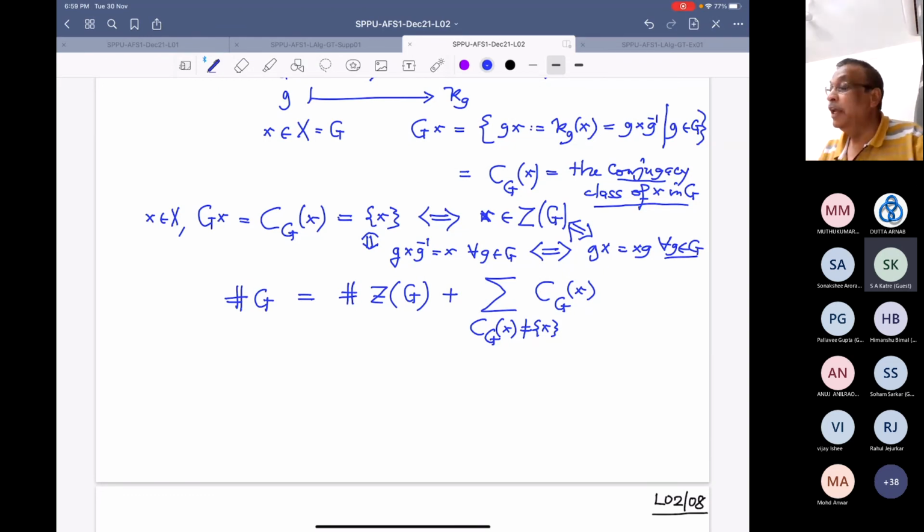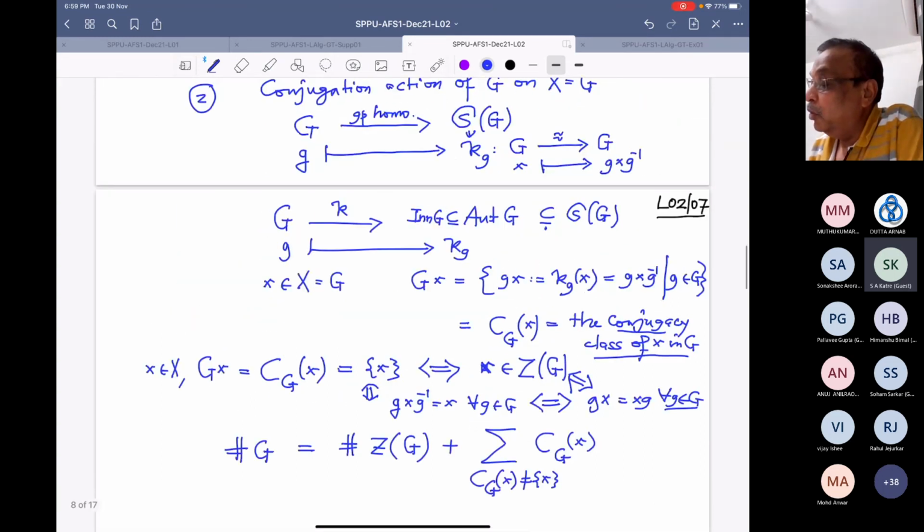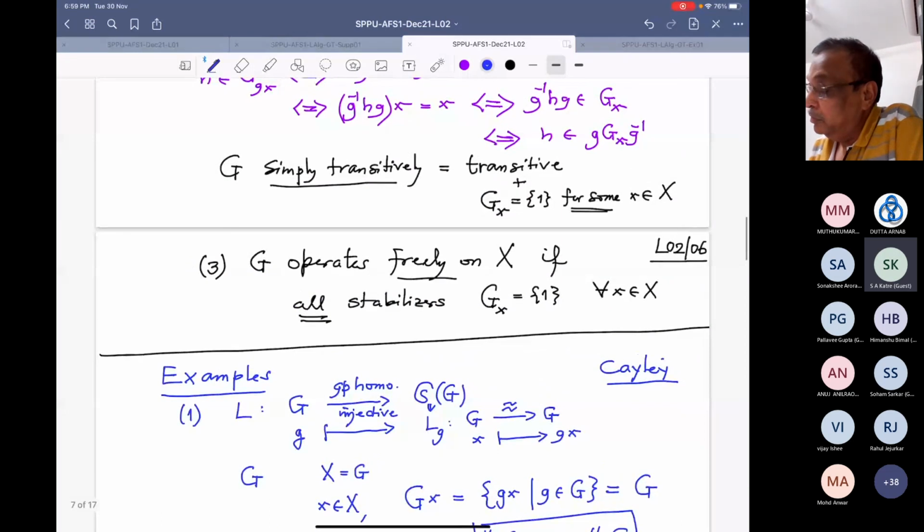All right, now the next question is, I should also have defined a fourth one here, I forgot. We say G operates faithfully if the kernel of theta is trivial.